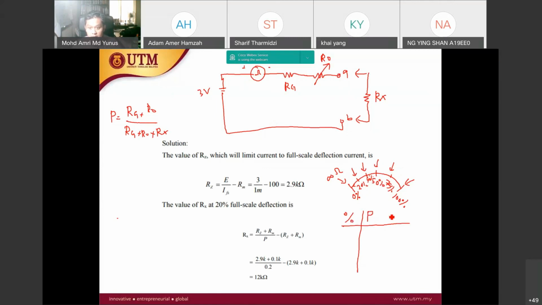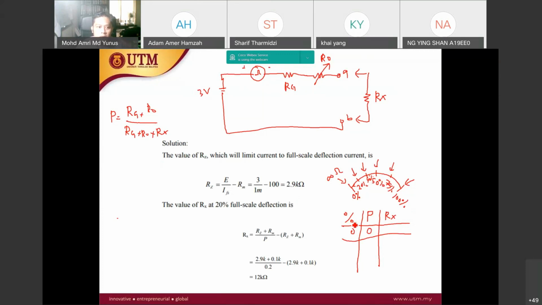P is the equivalent deflection percentage, and we want to know what is the Rx value. At 0, P ratio is 0, Rx.